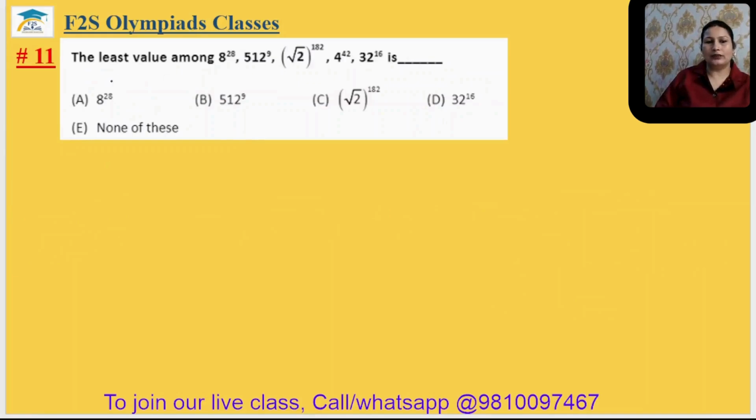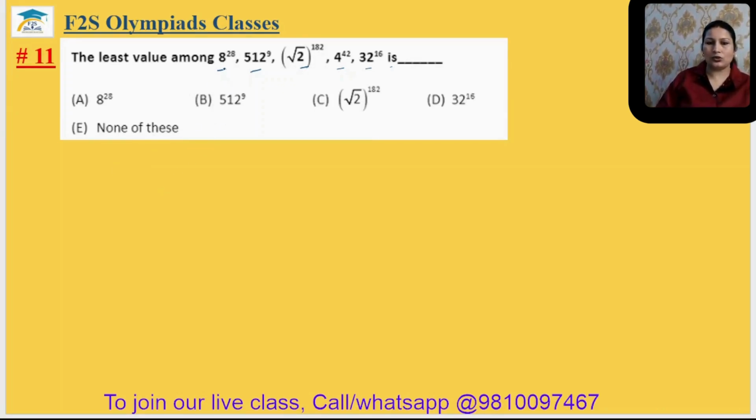Question number 11. The least value of this is. So least value means which one is the smallest one? We have to check. To compare the numbers, we will make all the bases the same.